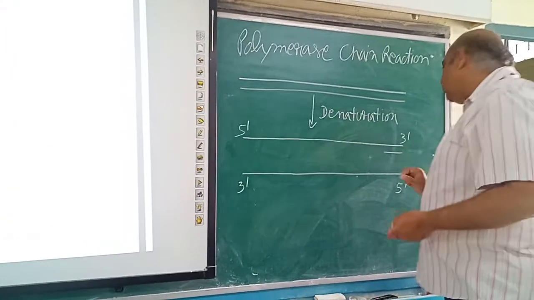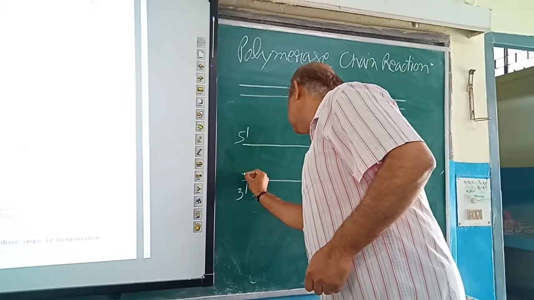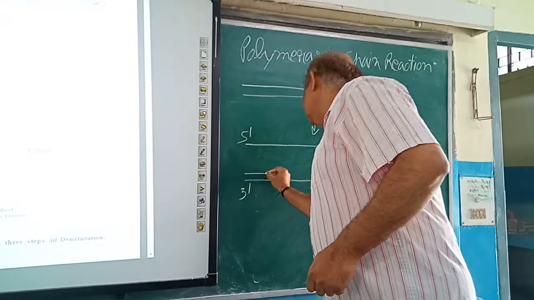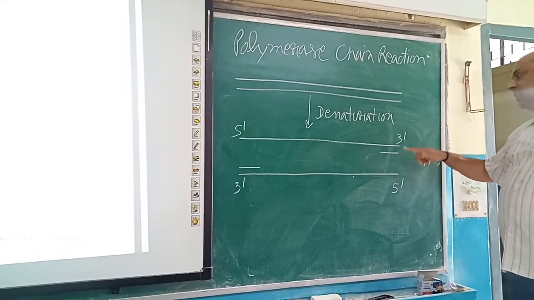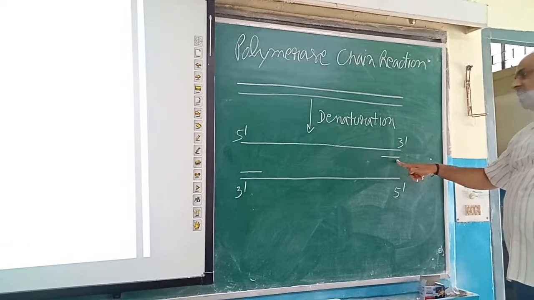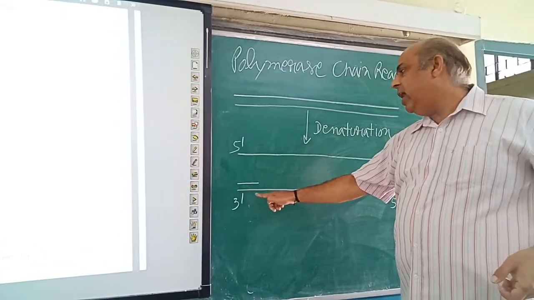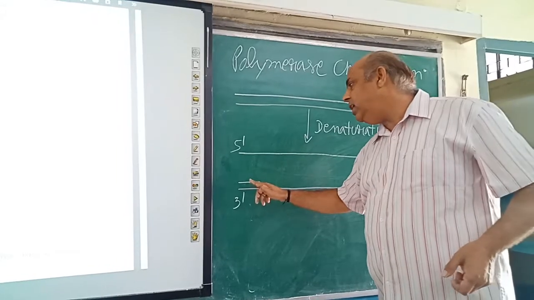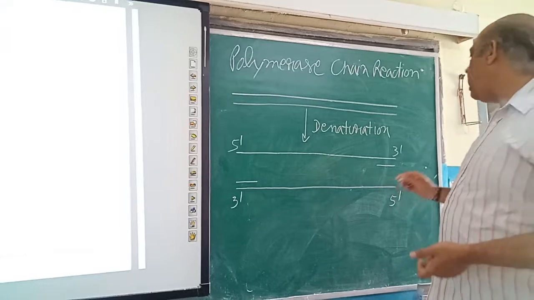This is one primer and it is the second primer. One primer is attaching itself at the 3' end of this strand and the other primer is attaching itself at the 3' end of the other strand. The step is called annealing.